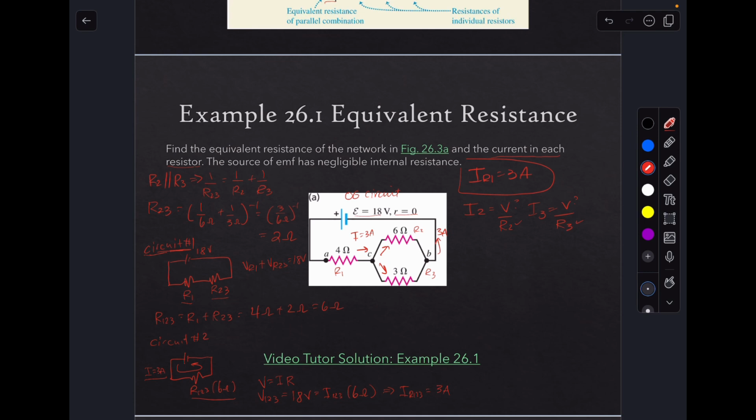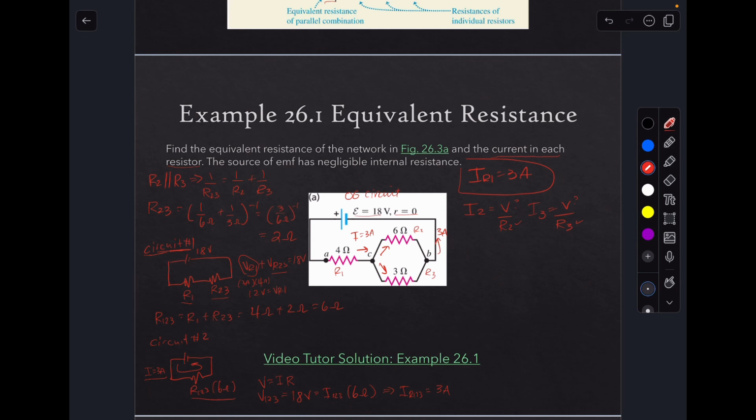We have all the information to find VR1, because we know what R1 is and we know what I1 is. So we can solve for VR2,3. VR1 is I, which was 3 amps, times R1, which is 4 ohms. So VR1 is 12 volts.